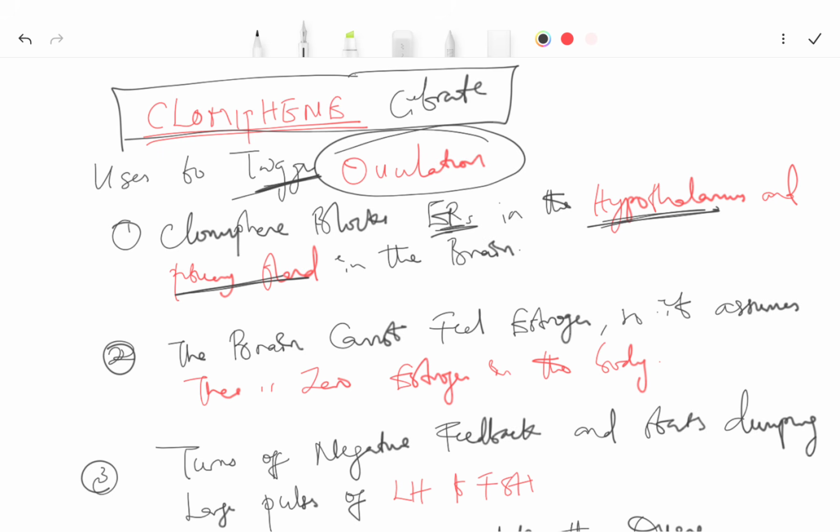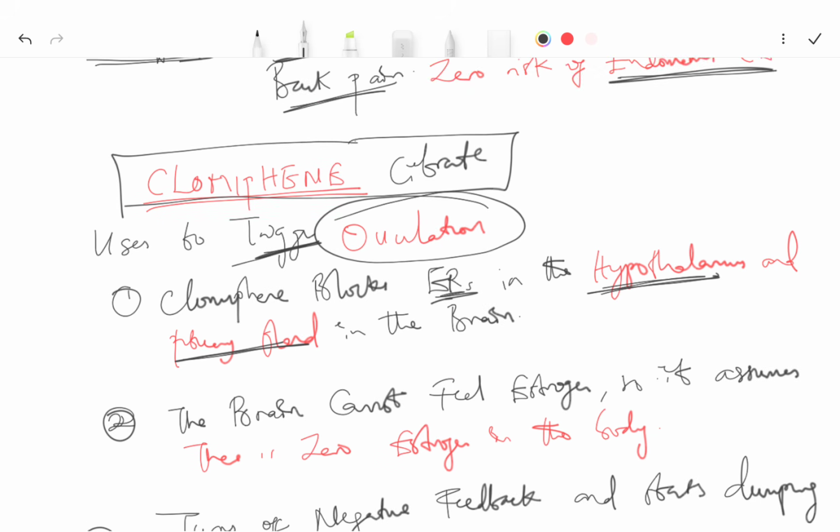The normal feedback that goes back to the hypothalamus and pituitary will not be allowed to continue, because if clomiphene is blocking the receptor, estrogen has nowhere to bind and signal the hypothalamus that estrogen is already enough and it should stop producing FSH and LH. So estrogen can no longer do feedback inhibition. The hypothalamus will think estrogen level is low and produce more FSH and LH.